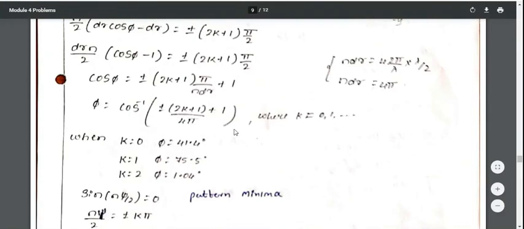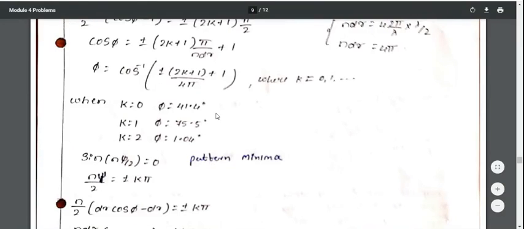Substituting the values of k equal to 0, 1, 2, we get phi values of 41 degrees, 75 degrees, and 104 degrees. This is how you get the pattern maxima.